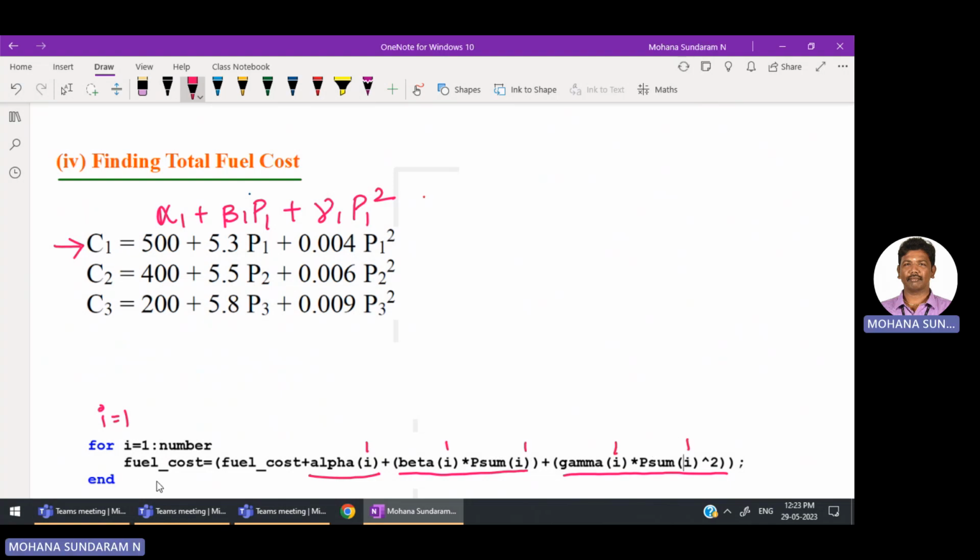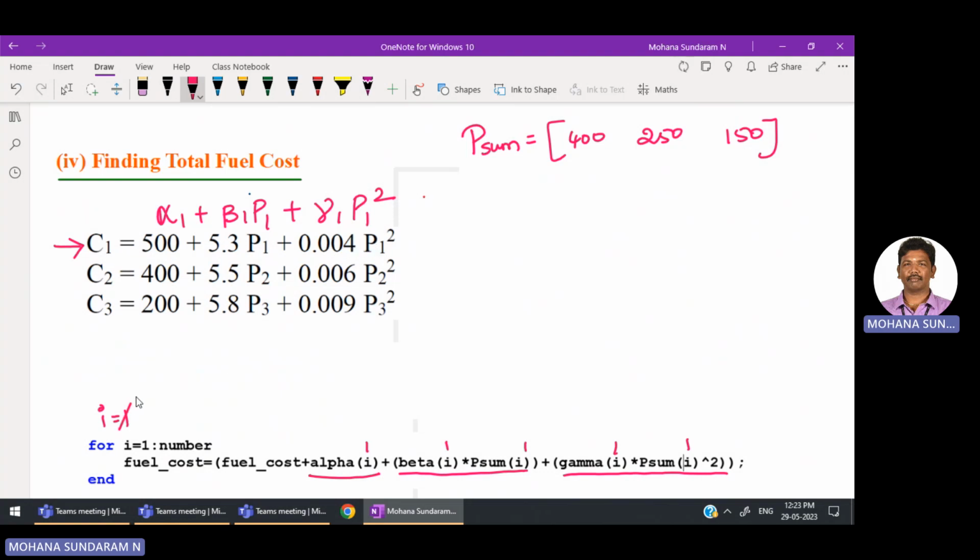So in the first loop, it will take 500 plus 5.3 into 400 plus 0.004 into 400 square, because we have just found that P sum is 400, 250, and 150.